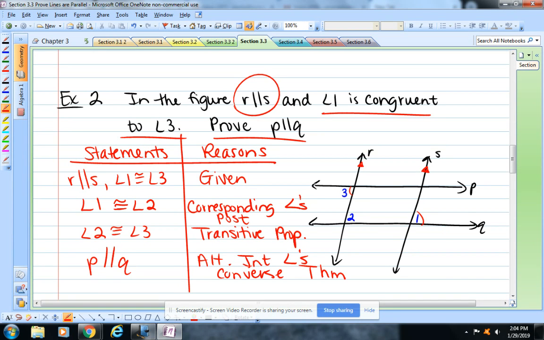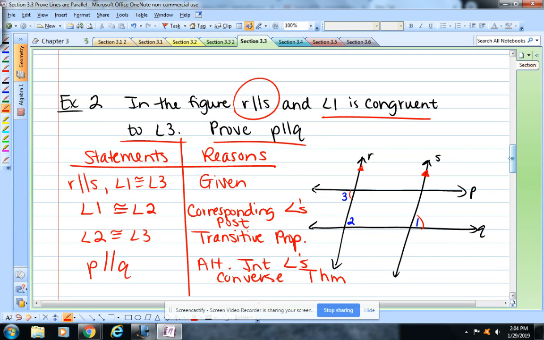And we know it's alternate interior because we said 2 and 3 are congruent to each other. So I know 2 and 3's relationship. Well, they're on opposite sides of that transversal in between those two lines. So that's alternate interior. Y'all with me? So you've got to know your relationships, and you got to know that a converse theorem proves parallel.